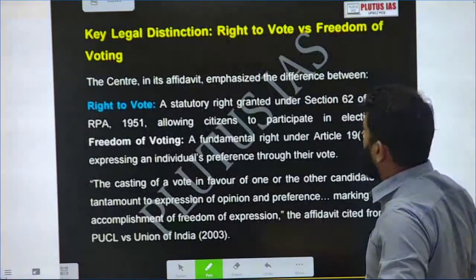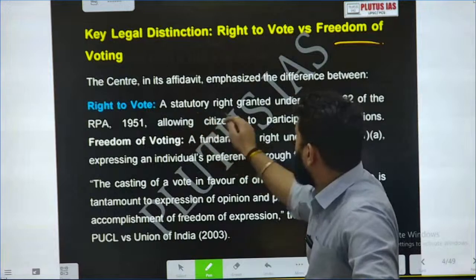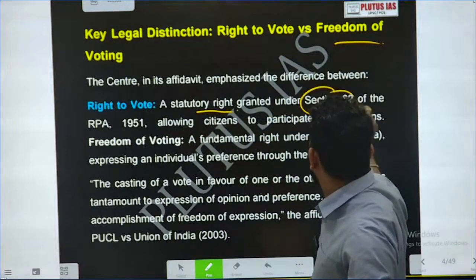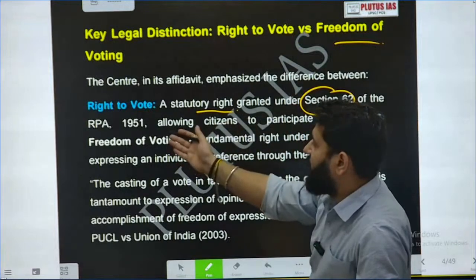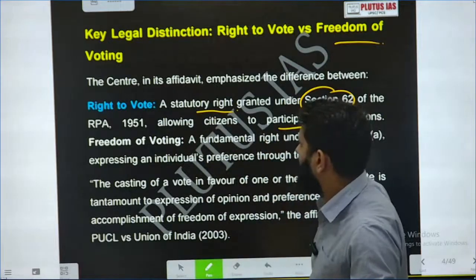Right to vote is a statutory right granted under Section 62 of the Representation of the People Act 1951, allowing citizens to participate in elections.